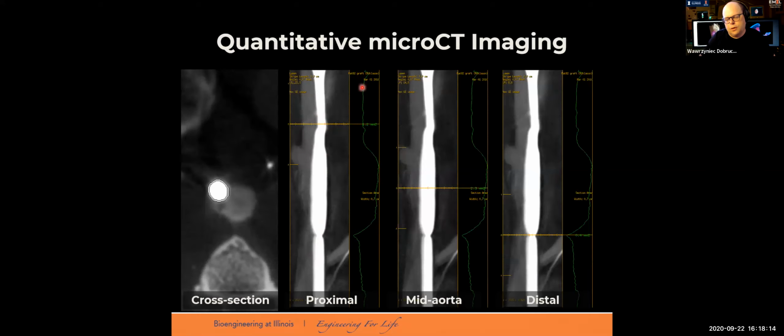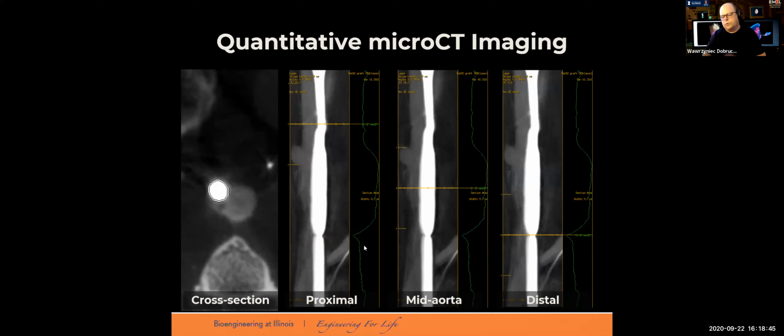For example, we can see over here that in this particular graft, when it was sutured to the upper part of the abdominal aorta, the diameter increased because it was a bigger graft than the aorta. But then there was probably some problem with the suturing, which made it less patent, which means that the contrast was flowing through, but the diameter actually decreased, and then it was like a regular aorta.